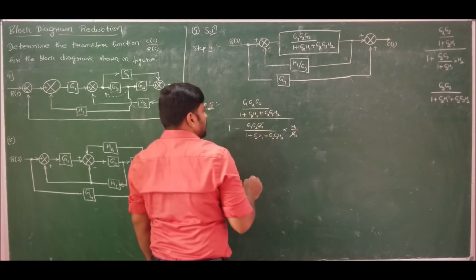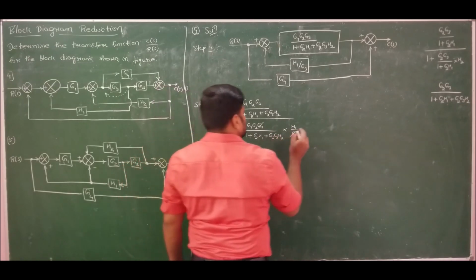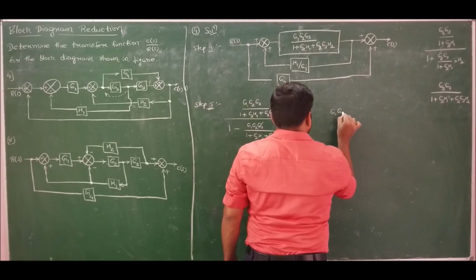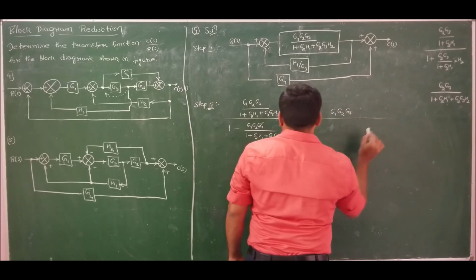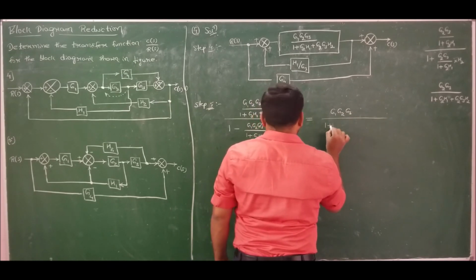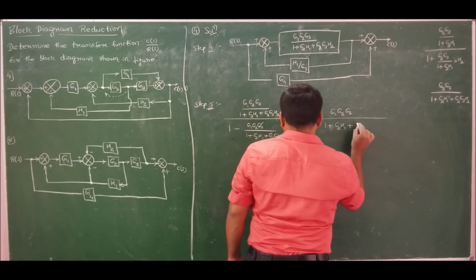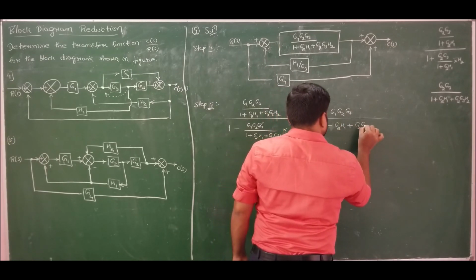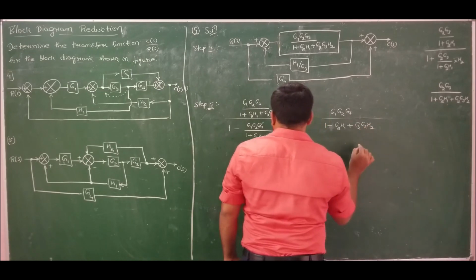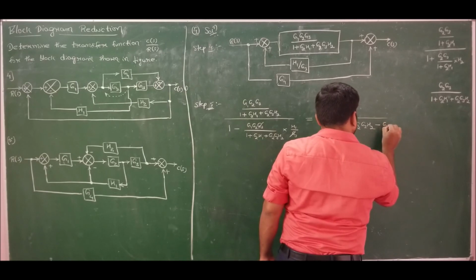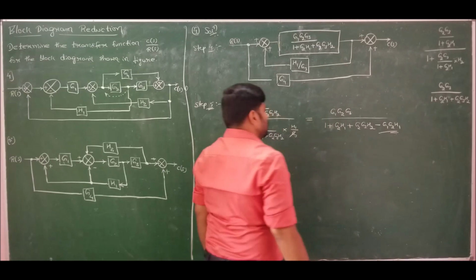So G3 G3 will get cancelled, and if I take LCM and solve, I will get the solution as G1 G2 G3 whole divided by 1 plus G2 H1 plus G2 G3 H2 minus G1 G2 H1. This is what I will get.